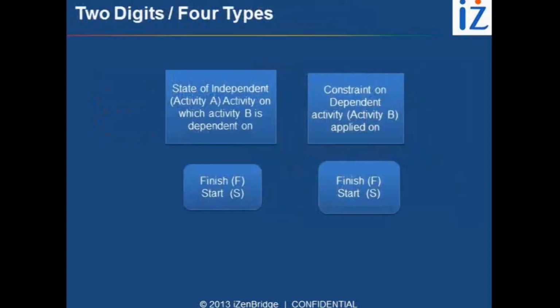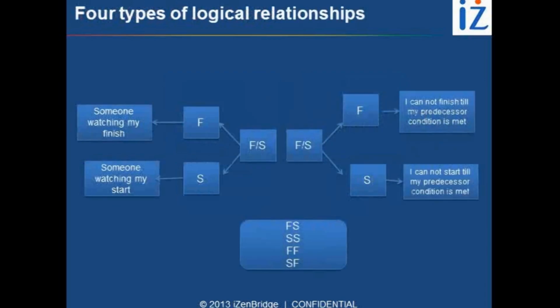Now the first character in this FF, SS notation defines the state of the independent activity. It defines the triggering point: which state, is it finish or is it start, that activity B is looking for. Let's go to the second slide, this explains it a bit better.